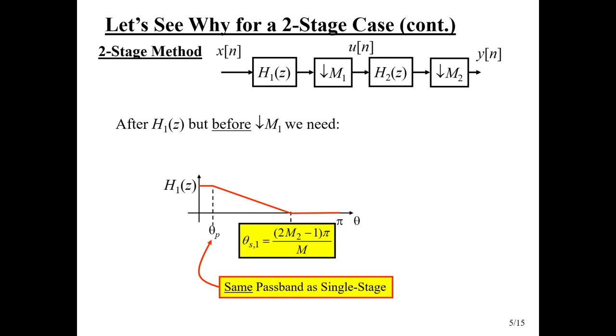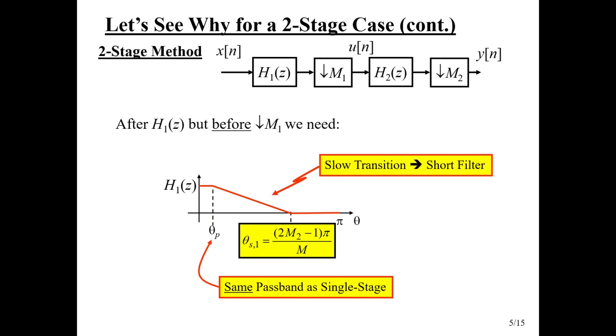Okay, so same pass band as the single stage. But now this is much farther out. If you look carefully at this, this is much larger than pi over M, right? Well, how much larger? It's 2M2 minus 1 larger than pi over M. So M2 is an integer.